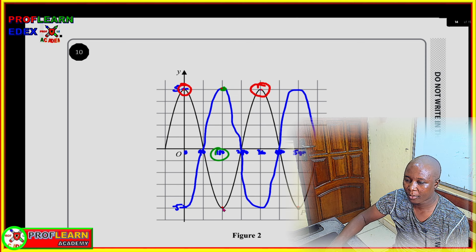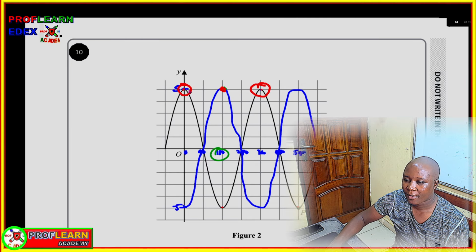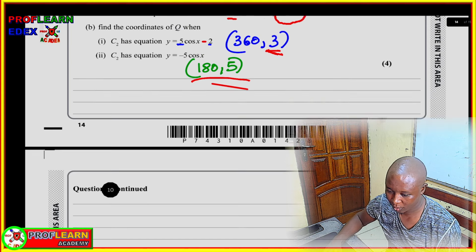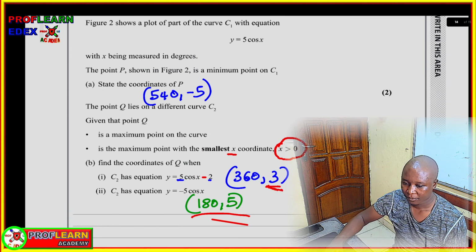So the minimum point here will be reflected on the x-axis and will be the maximum point there. So our smallest maximum point greater than 0 for Q will now be 180. So it will be (180, 5), and that's what we are supposed to do at that given point.